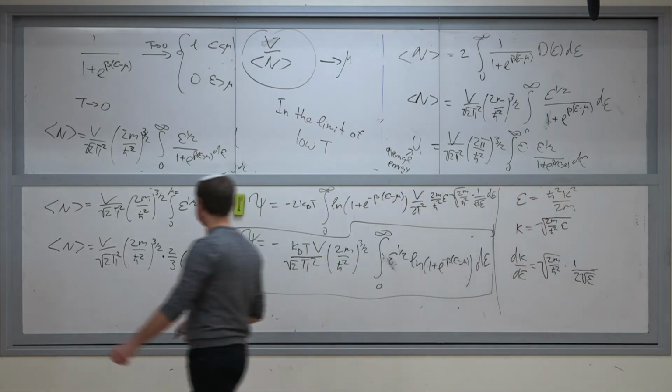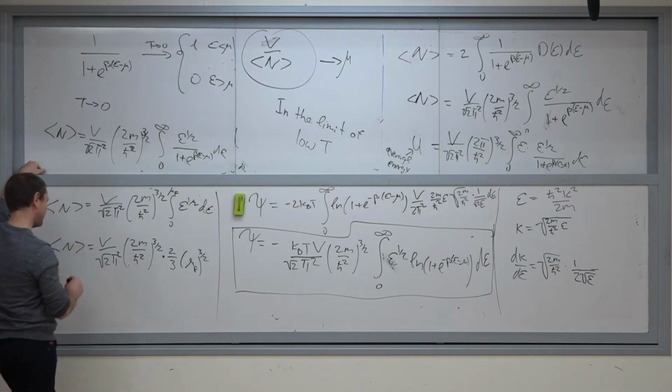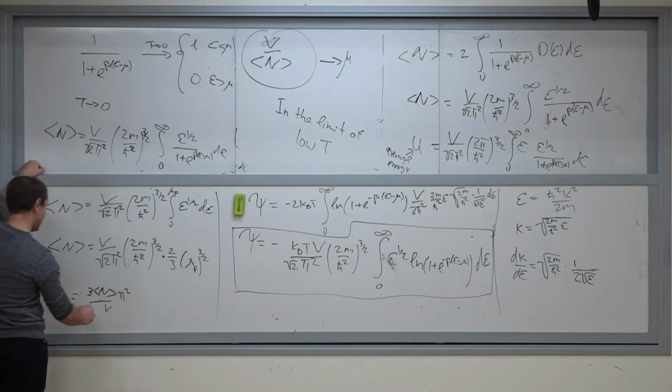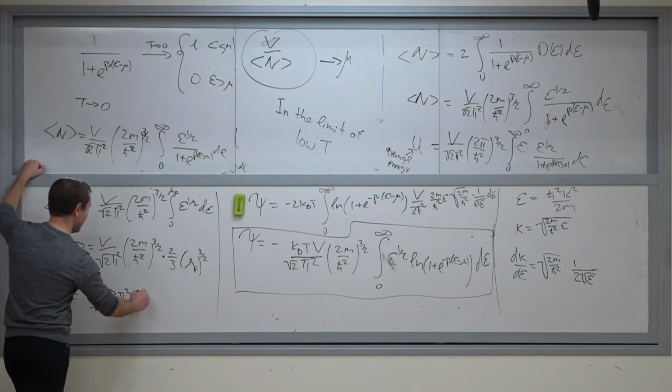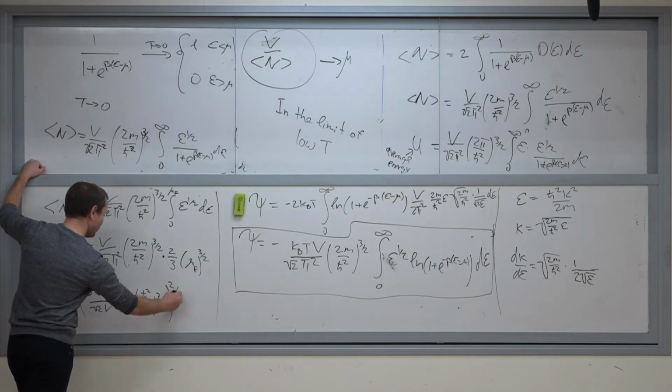And what is mu Fermi equal to? It equals n divided by V, multiplied by pi squared, multiplied by 3 divided by square root of 2, and here I have h bar squared divided by 2m to the 3/2, all of this to the power of 2/3.